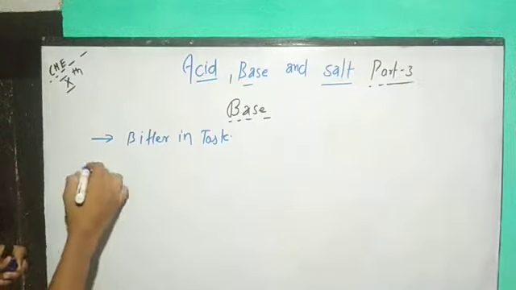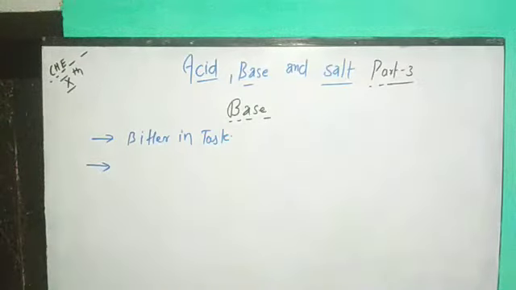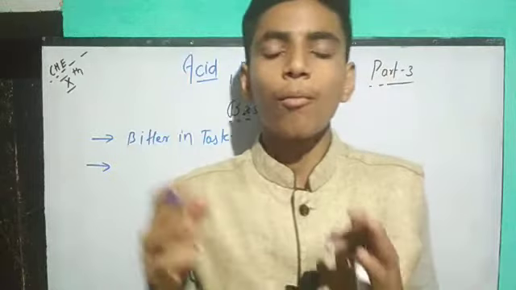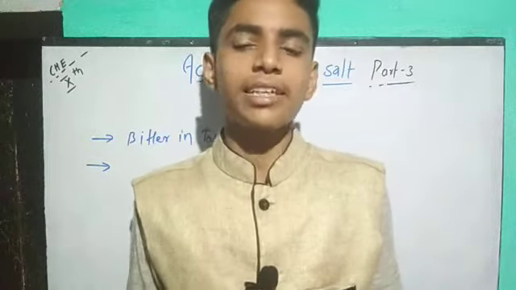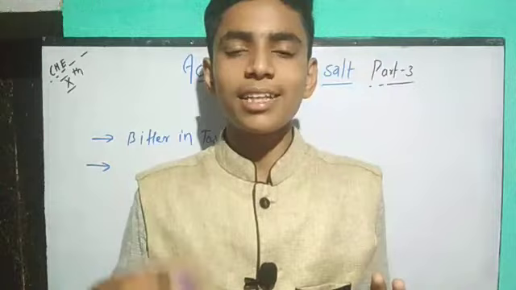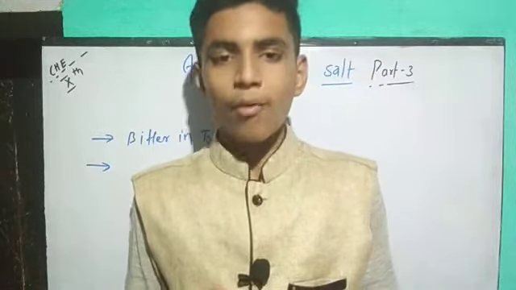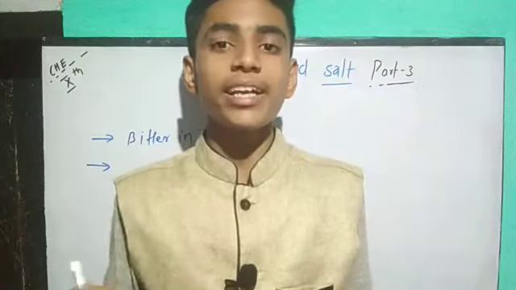And the next thing is that bases are capable of neutralizing acid, means that whenever we have to neutralize acid to form salt, we use a base as a compound to mix with the acid, and as a result we get the neutralized salt. That's why I told you already why we use Eno whenever we are getting acidity.